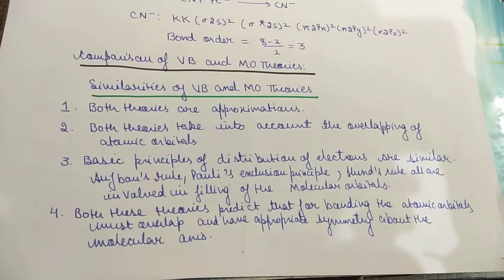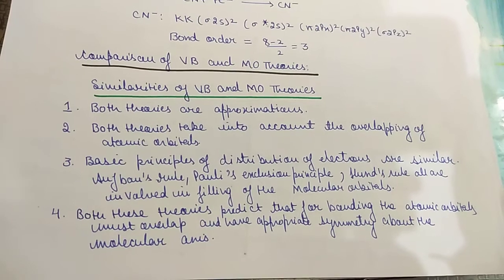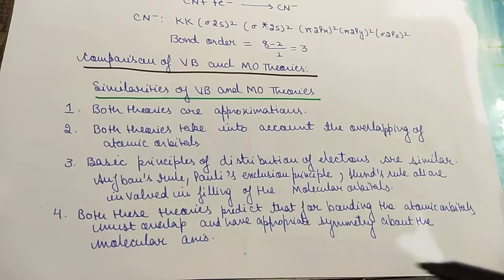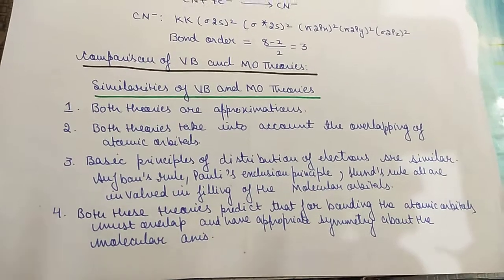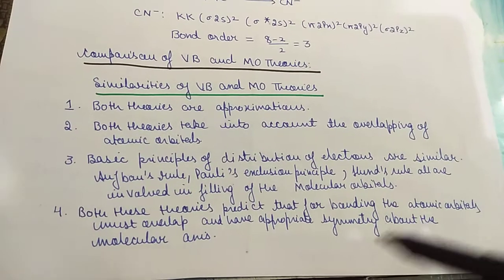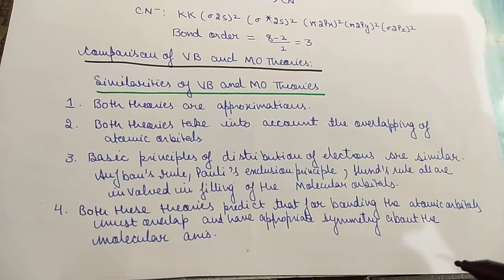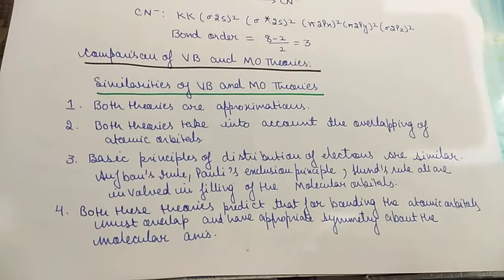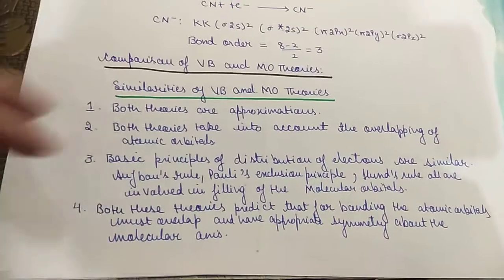Then both these theories predict that for bonding, the atomic orbitals must overlap. Yes, they have to overlap for bonding, and their symmetry should be appropriate about the molecular axis, so that the overlap is effective. So these are the similarities.